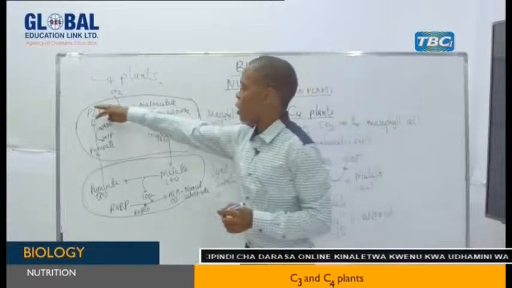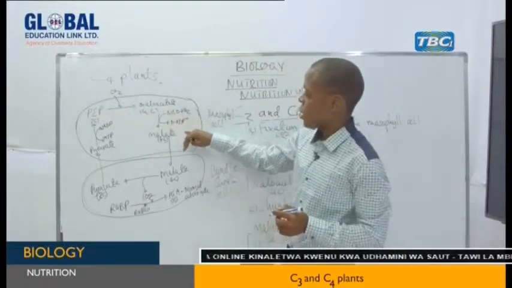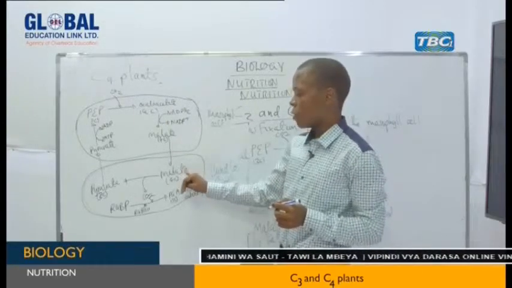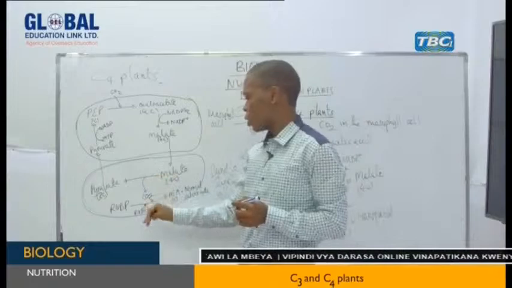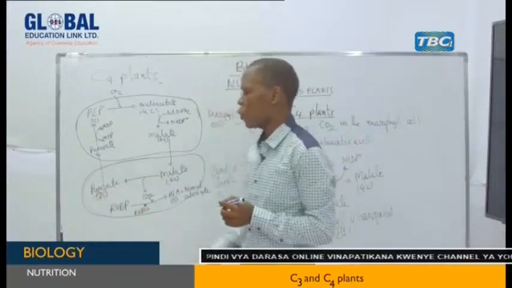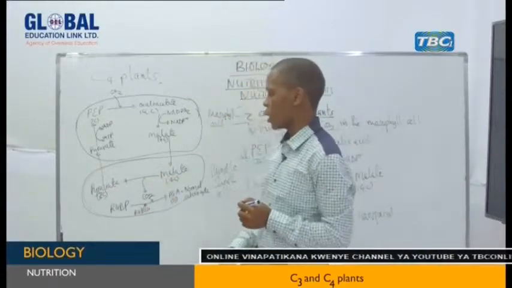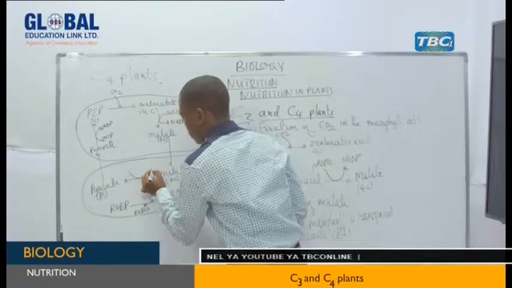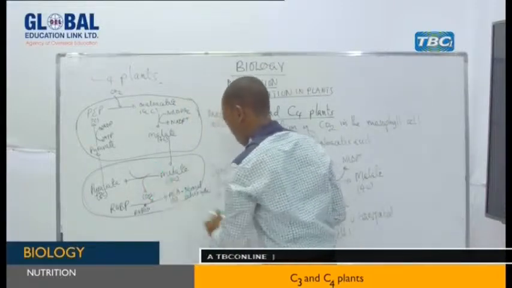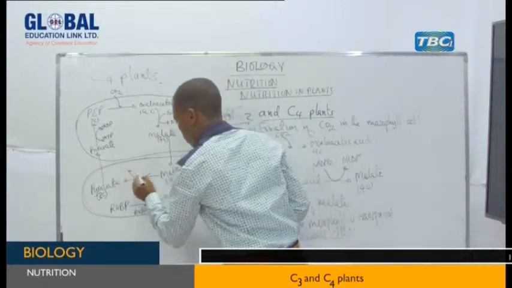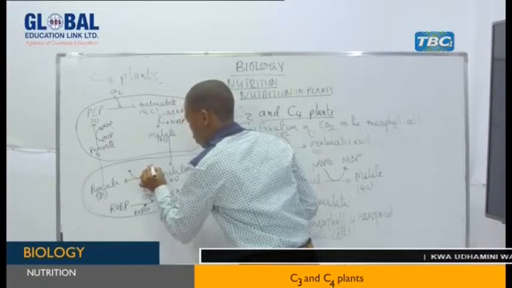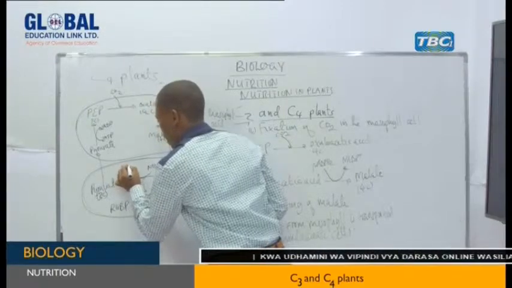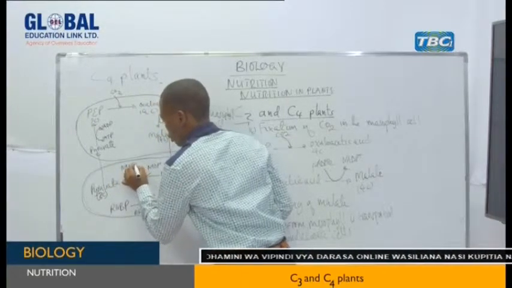As you see, carbon dioxide fixation is here. After this, there is a conversion of oxaloacetate to malate. Then malate is shunted. After being shunted, this malate dissociates to form carbon dioxide and also pyruvate. But during this process, oxidized NADP is used to regenerate NADPH2.